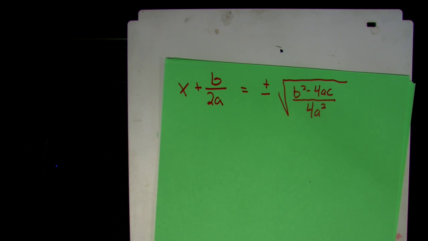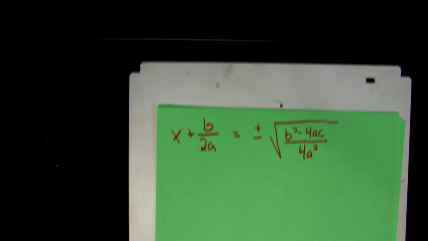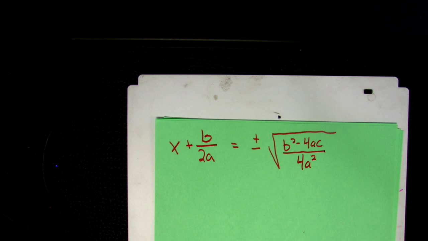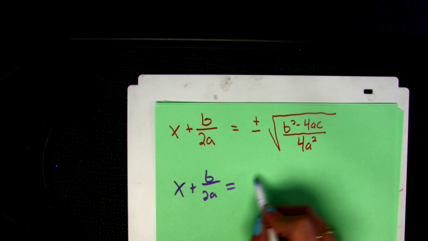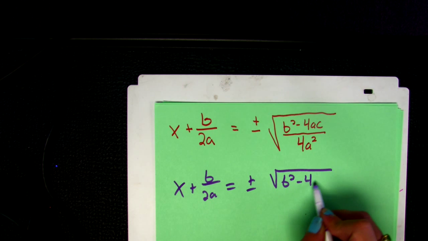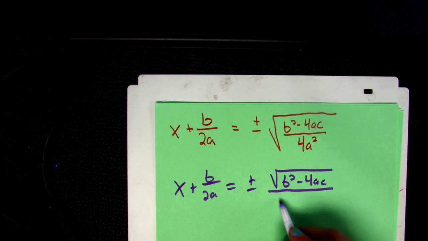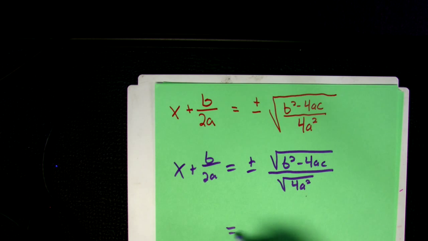That square root on the right hand side can be divided up into the numerator and the denominator. So what I'll have then is plus or minus the square root of b squared minus 4ac over the square root of 4a squared. And the square root of 4a squared is 2a.